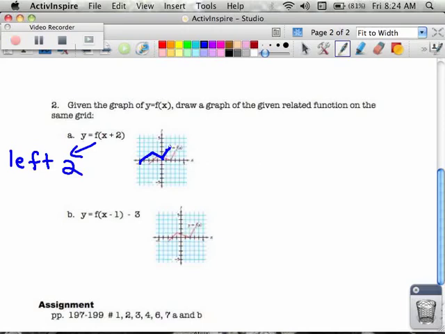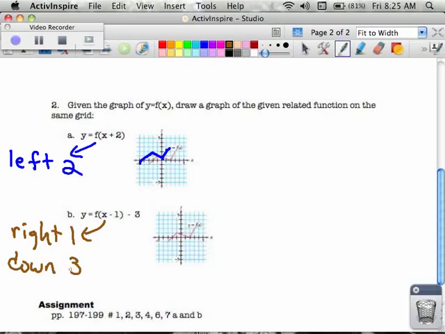And the last one's the same kind of thing. I just got to know what to do with that thing. So I look at it and I go, okay, it's telling me to do something with this graph. This one is telling me to move right 1 and down 3. So I look at that graph and I move every spot on it, right 1, down 3.